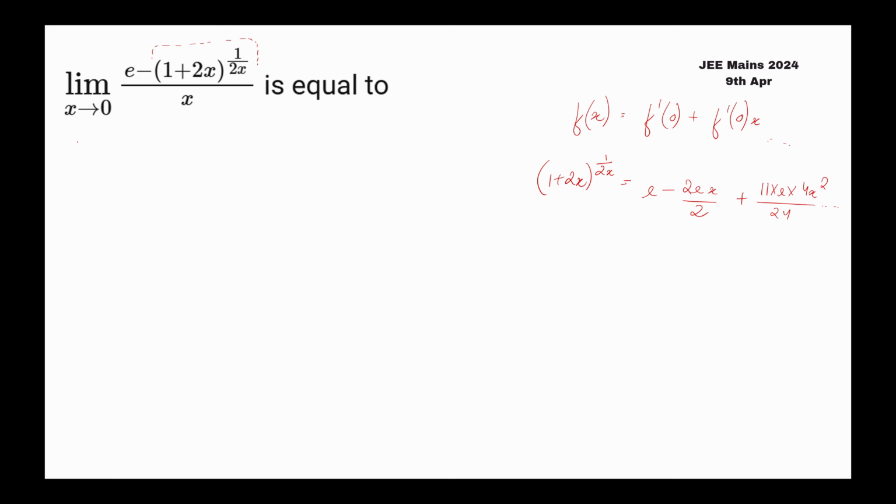So here now I can write this down as limit x tending to 0. I can simply take e common from all these equations. What am I going to be left with? e into e minus 1 minus 2x by 2 plus 11 into 4x square by 24 minus, and this would continue on forever, and we have an x below.